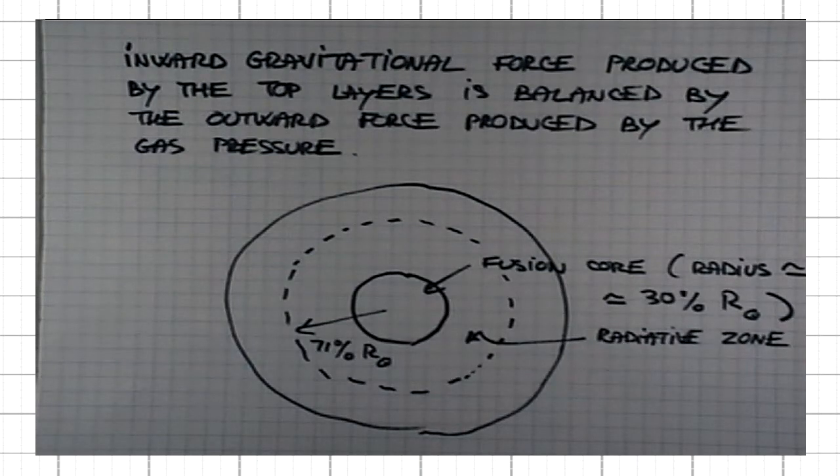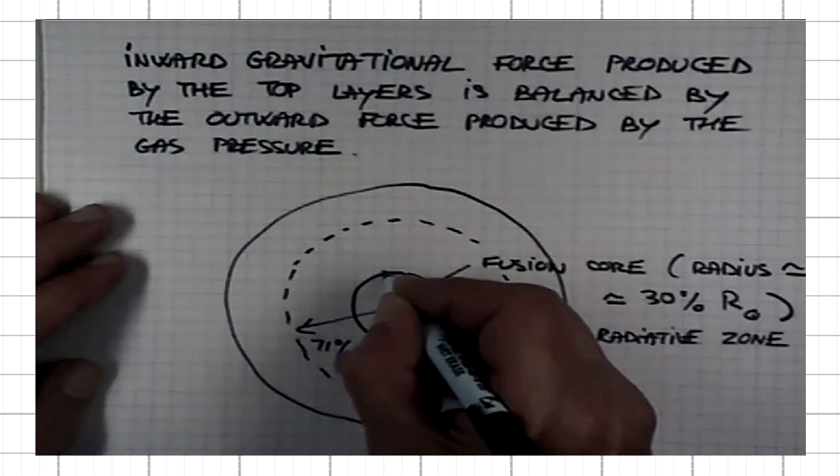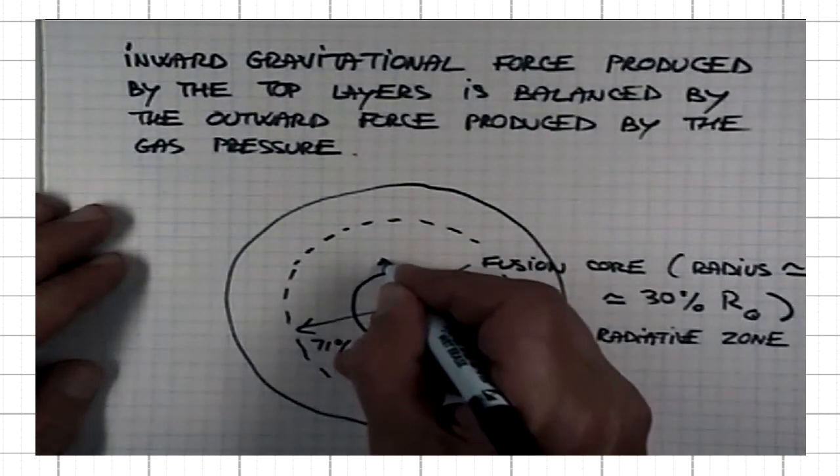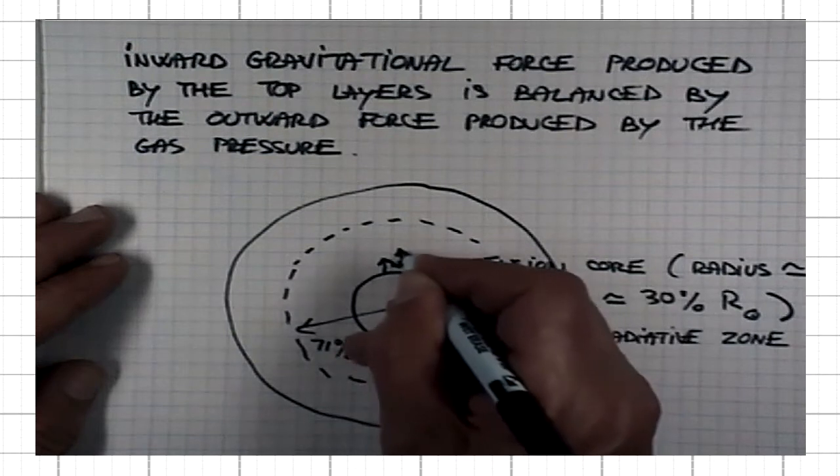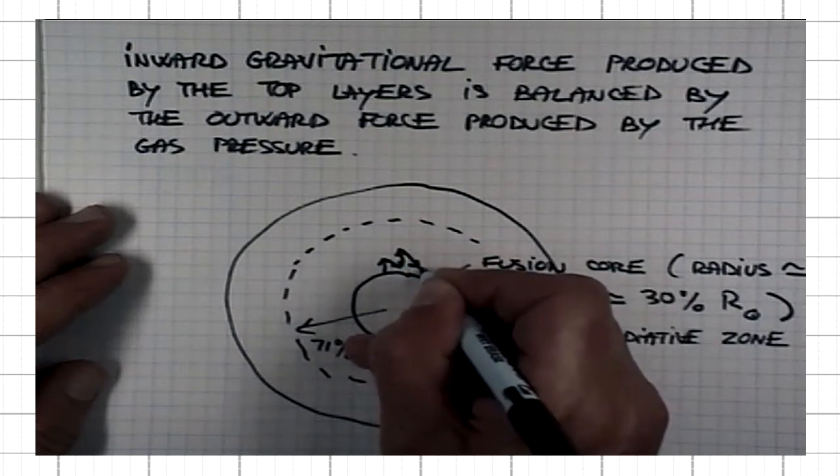So in this region, the photons are constantly being scattered randomly in all possible directions. They execute what we call in physics a random walk.